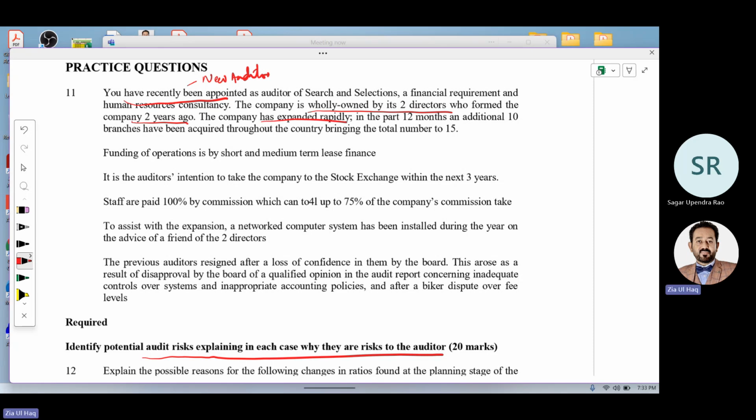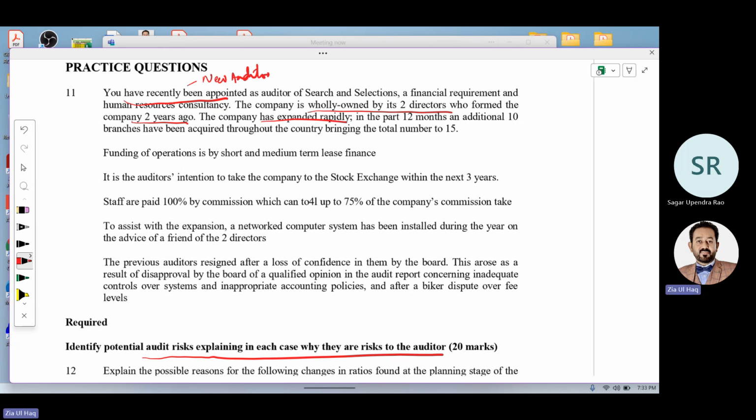This is an indication of overtrading, which will result in bad debts. This is a business risk, and we have explained the issue. So if the company has not recorded a provision for doubtful debts, assets and profit could be overstated and expenses understated. Is that fine? This is another common example of inherent risk that the examiner includes in the question.